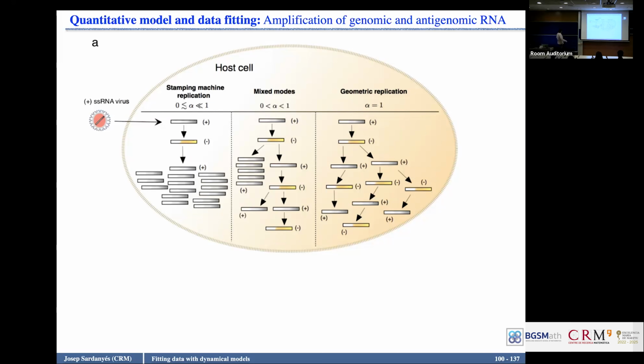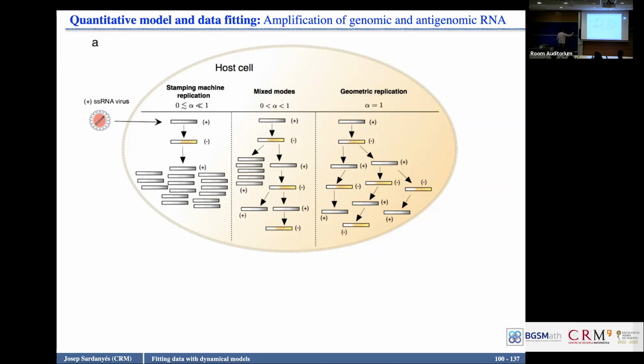But if we have geometric replication, we have a more complex distribution of mutants that follows something like this, where mu is the mutation rate and n is the number of replication cycles. And this is called the Luria-Delbrück distribution.